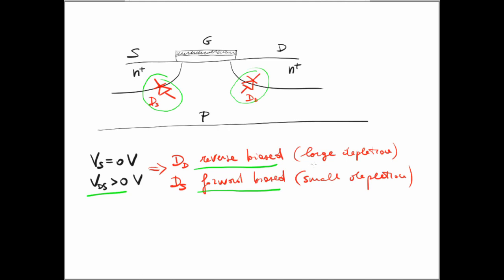So we should expect along this entire drain and body interface a large depletion that will extend into the body, into the P side, while for the source and body interface, this one here, we should expect a small depletion because this p-n junction is slightly forward biased, as we will discuss in a moment.